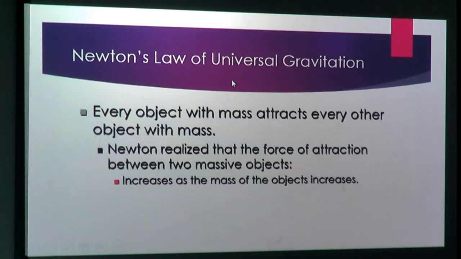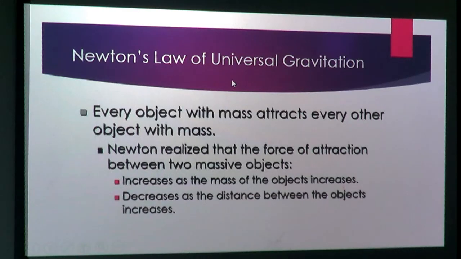More mass, more attraction. And it decreases as the distance between those objects increases. So it's an inverse relationship in the distance. No matter how much mass you have, if there is a lot of distance between those objects, the force of gravity and the attraction are going to decrease.